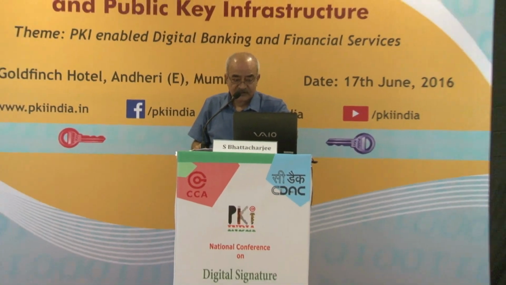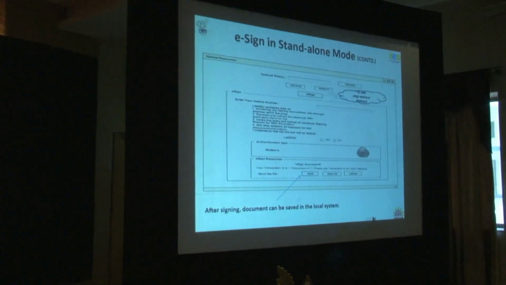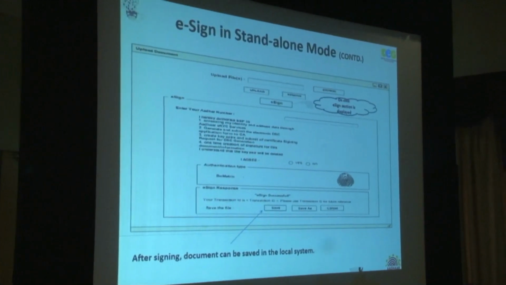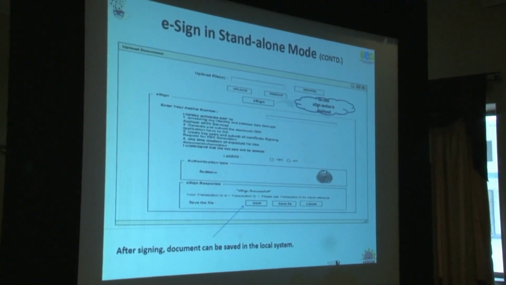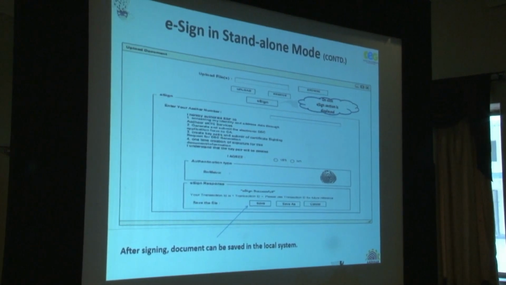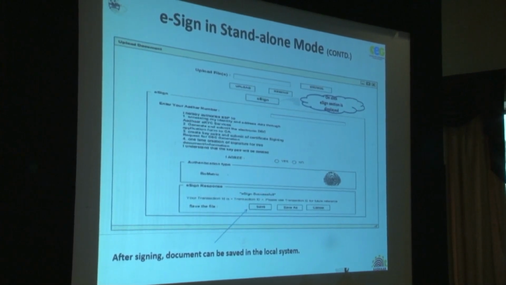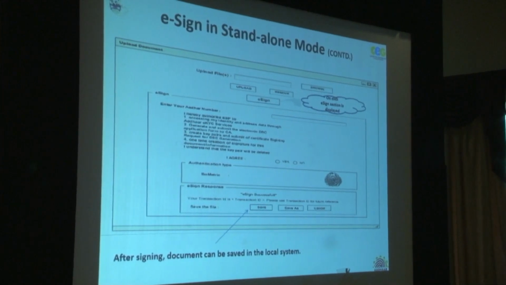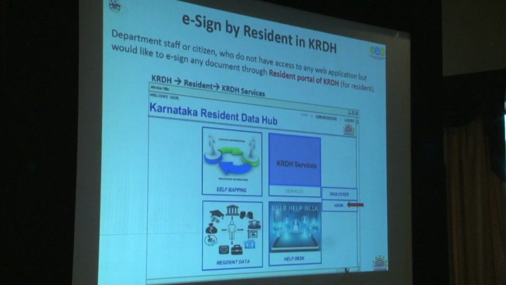So this is the interface that we are going to give, that he can choose a bunch of files, and then he says, e-sign it. So he browses it, and then he says, okay, upload it and e-sign it. Then the system is going to pick up one after another each of those files and sign it, and at the end he will have a save. Save the file, so he's digitally signed. This is the user interface I'm talking about. Again, in the back end, many things happen. So now, this is one of the standalone modes.